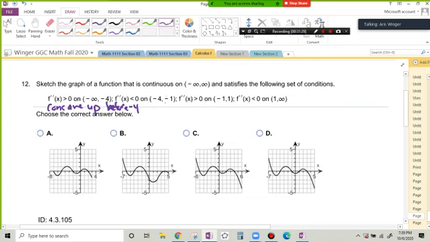Concave down between -4 and -1. Concave down on this interval, and then it goes concave up on this interval, and then it's concave down after 1.